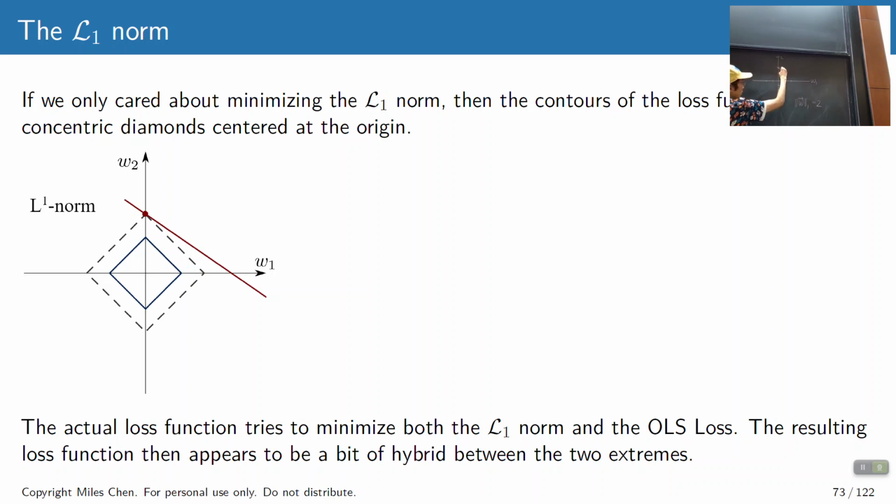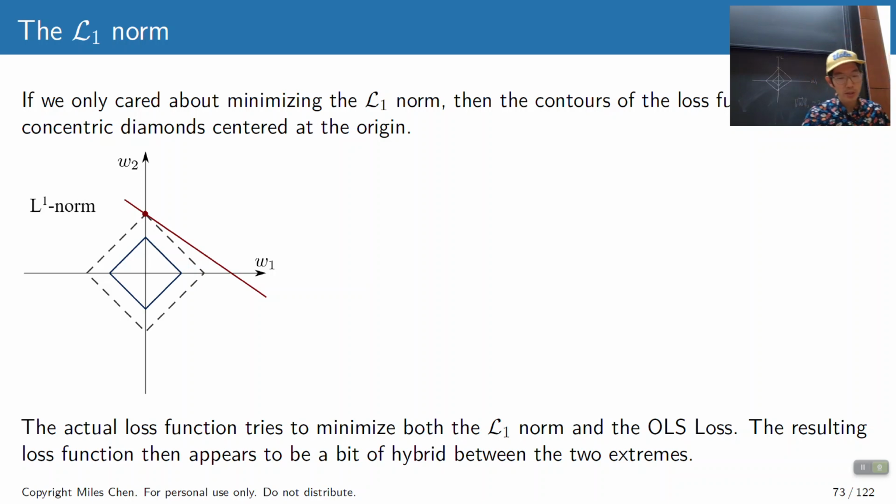And you can kind of trace out a diamond, where the L1 norm of W is equal to 2. Similarly, you would get these concentric diamonds if you said the norm is equal to 1. That would be if we were trying to optimize just W1 and W2 only, okay?